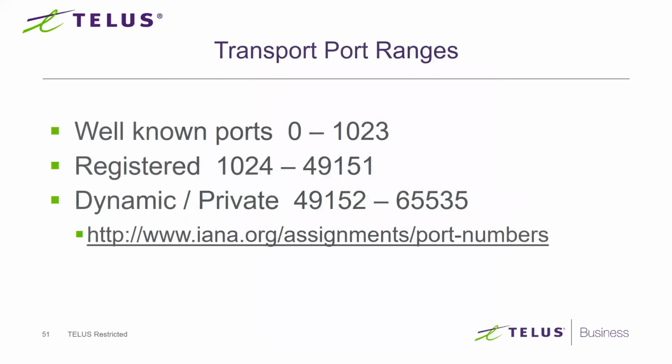Those port numbers, used in conjunction with the IP address, tell it what that information is designated for, or what it's being used for. Port 80, for example, is HTTP. 443 is HTTPS, or secure HTTP, things like that, and it goes on and on. Those are all the well-known ports from 0 to 1023.